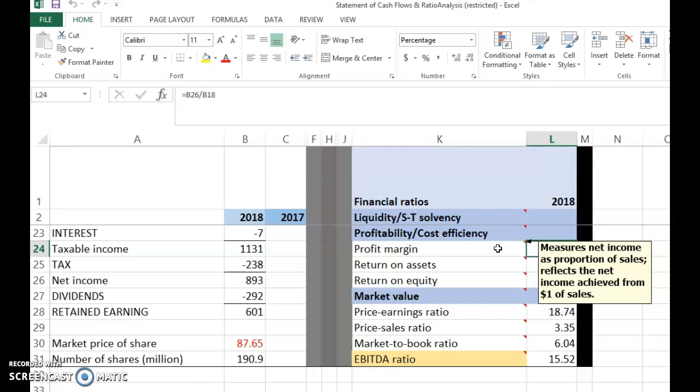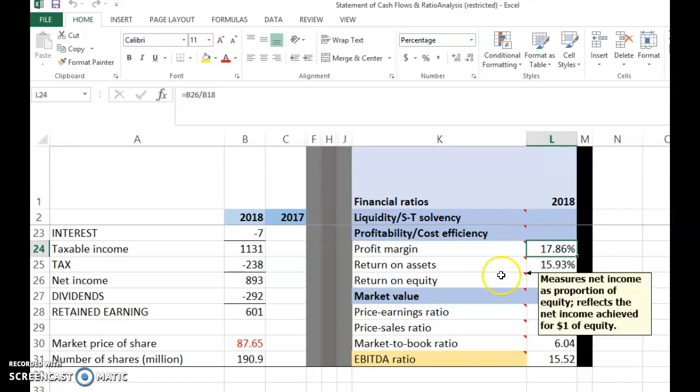For every $1 of sales, the company makes about 18 cents. If rounded to the nearest percentage, it becomes 18%, which is equivalent to 18 cents for every $1 of sales. So that's the proportion.